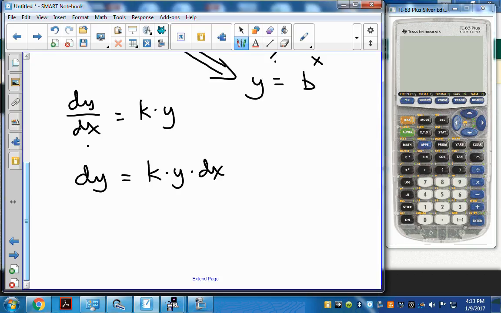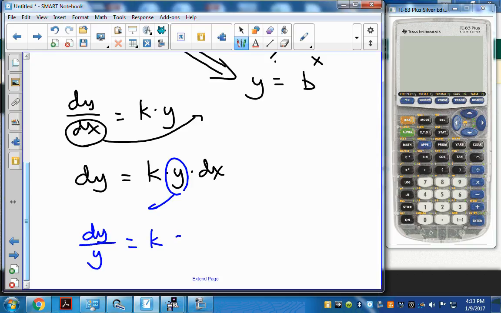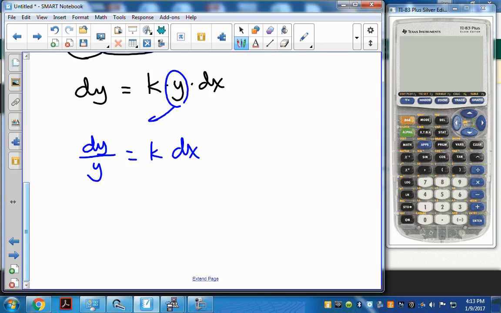So I'm going to take the dx, that differential, and put it over here. And then I'm going to take the function y, divide both sides by y. So we have dy divided by y is k dx. Okay, and that's valid as long as y is not 0.